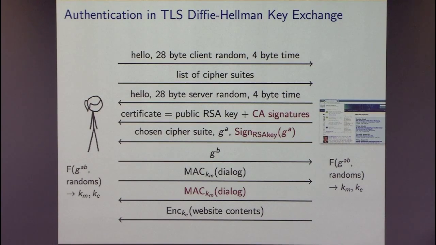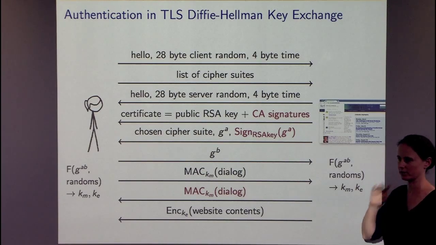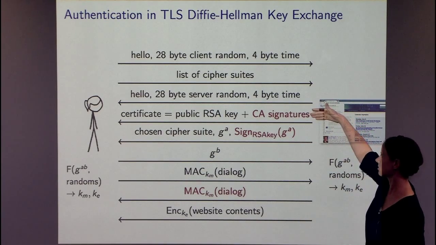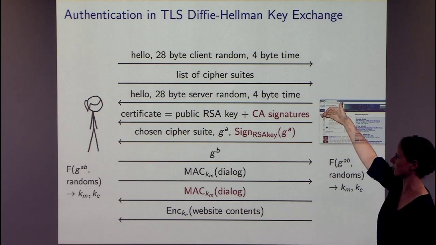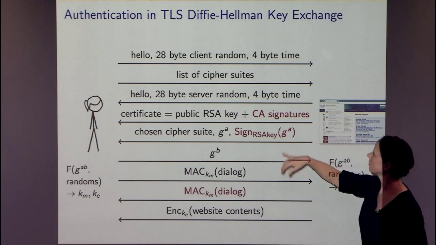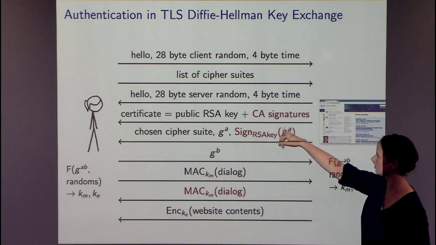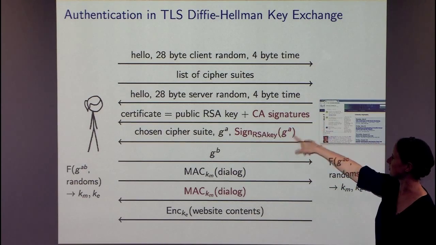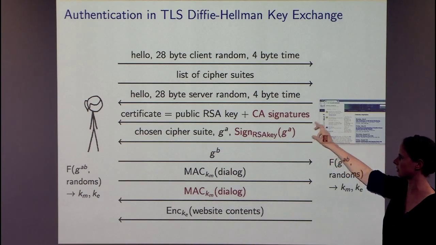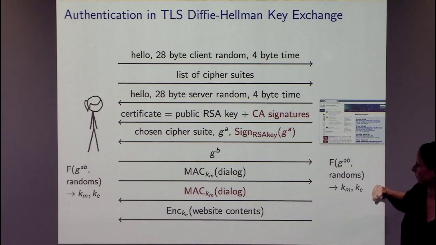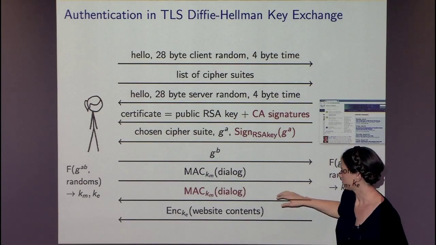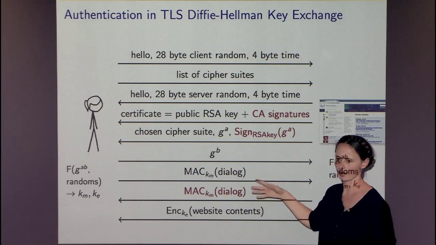Okay. So what provides authentication here? We have a sort of sequence of things. We trust the signatures from the certificate authorities because we have their public keys, and we trust their public keys implicitly. The certificate authorities sign the server's certificate, and the server signs its Diffie-Hellman value. So this authenticates the server to us. And then the server is sending a MAC of the whole dialogue.